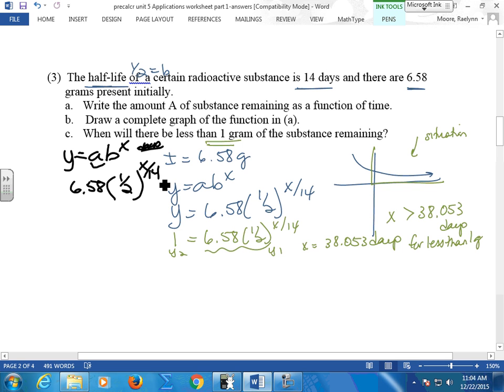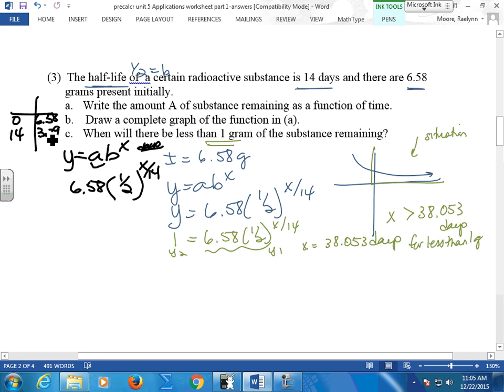So if you look at your graph, let's think about this logically. At the 0, I have 6.58 grams of this substance. At the half-life, which is how many days? 14. How many grams should I have? Like 3.79? 3.79 grams, right?